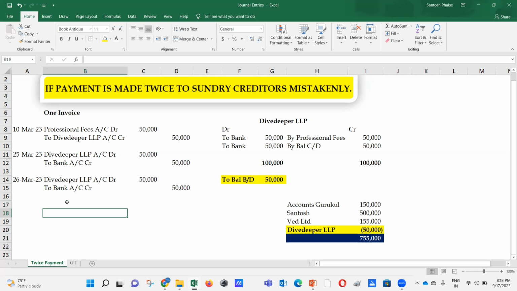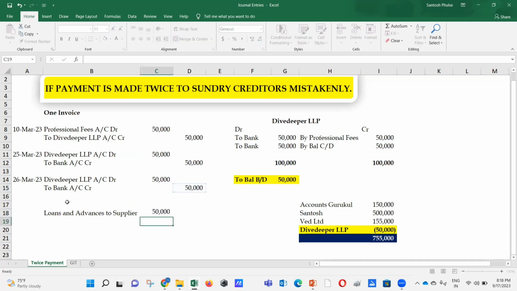Or you have to take it through the R2R GL to GL, that's going to loans and advances to supplier, that's going to be debit 50,000, and the credit is going to be 50,000 to the DIU for LLP account.